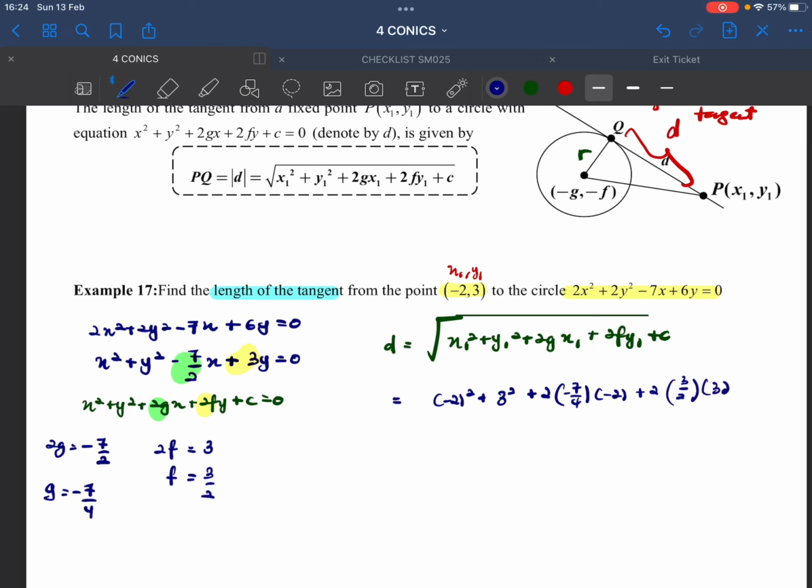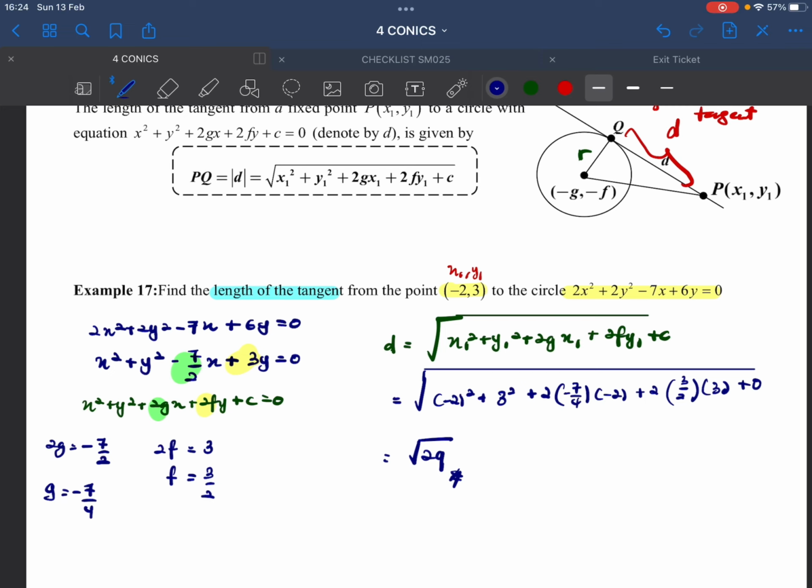And c here is 0. Square root everything, and you should get the answer equals to square root 29. So very easy. You just need to find your g and f and the point, the tangent from a point, and just substitute into the formula. Then we have the length of tangent.